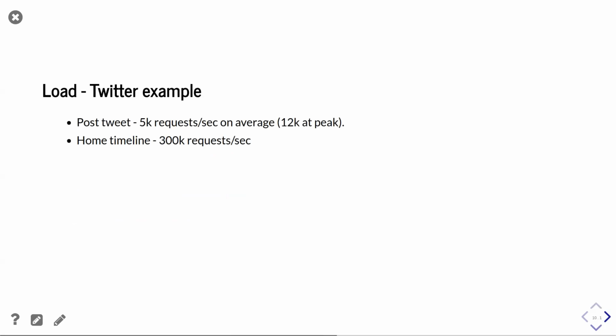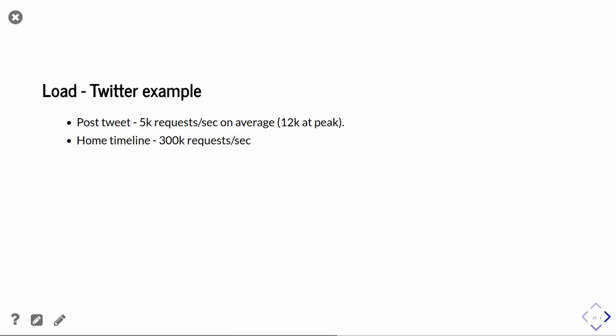Twitter has two main functionalities that we are discussing here. One is posting tweets, and according to some reports from 2012 discussed in the book, the Twitter load is about 5,000 requests per second for posting tweets on average, and 12K per second at peak load.